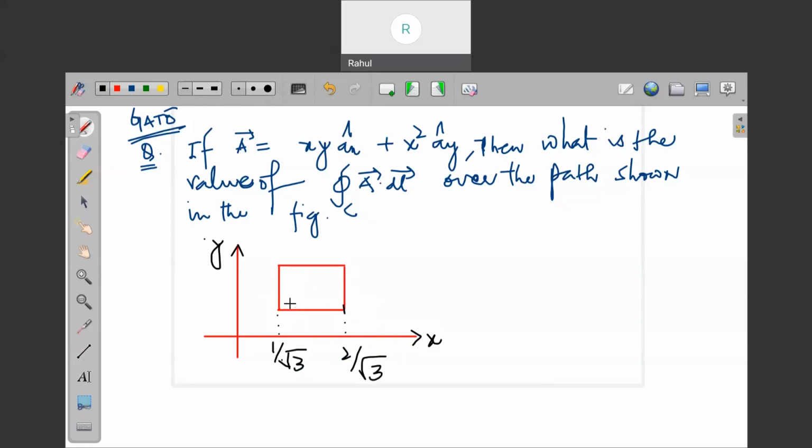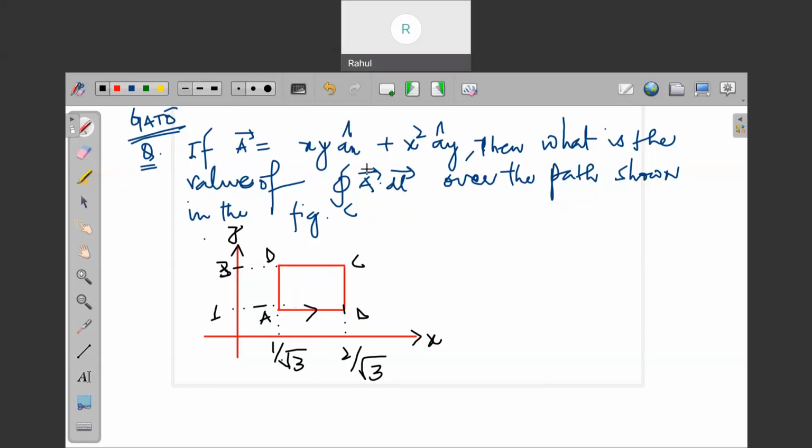This is going to be the limit in this path, from A to B, then this is C and this is D. They have given y as well: 1 and 3, so this is y equal to 1 by root 3.